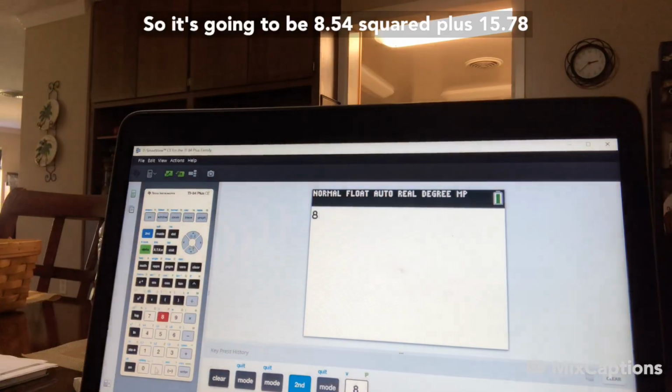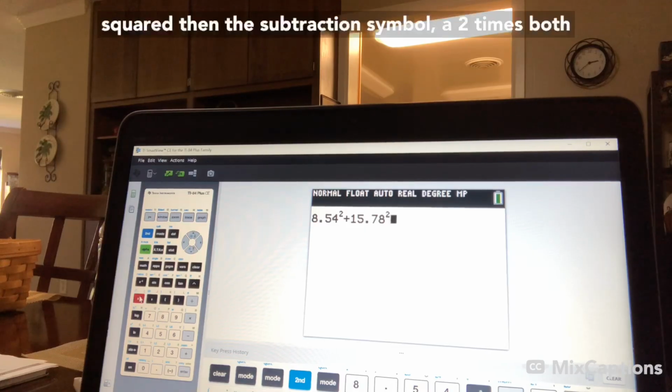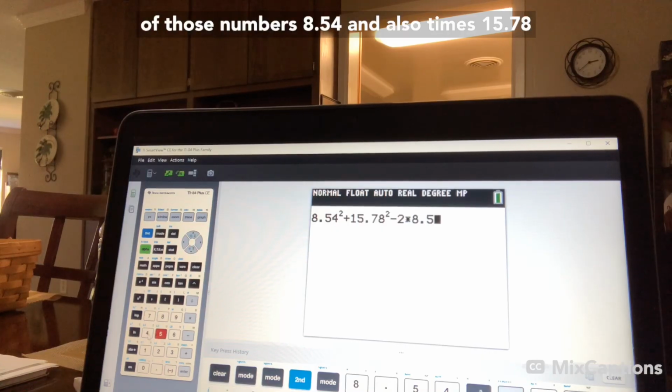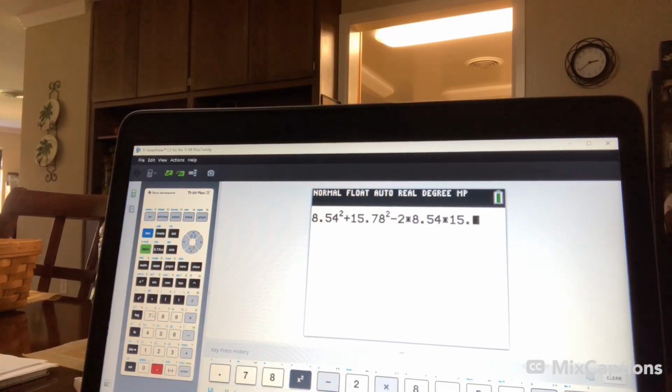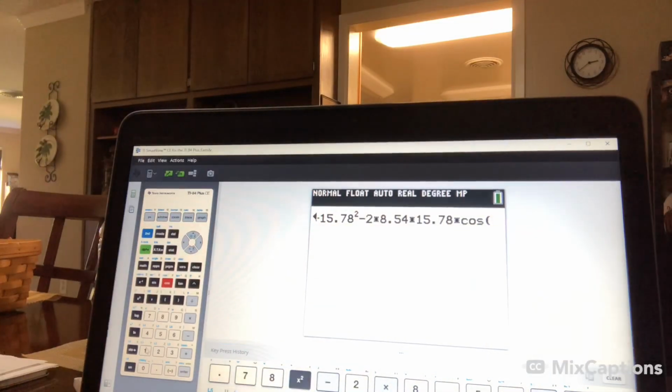So it's going to be 8.54 squared plus 15.78 squared, then the subtraction symbol, a 2, multiplied by both of those numbers, 8.54, and also multiplied by 15.78, and then also multiplied by the cosine of 127.